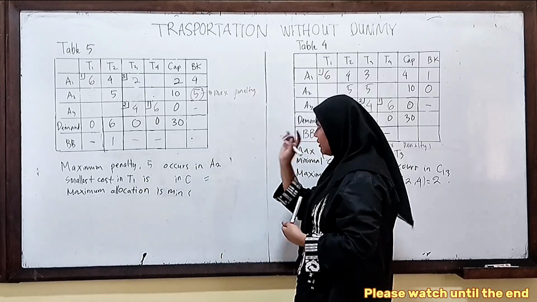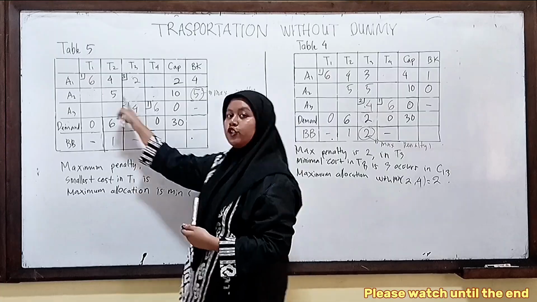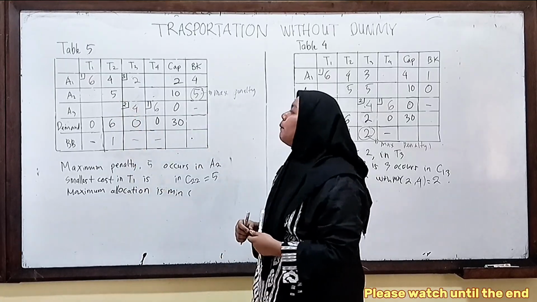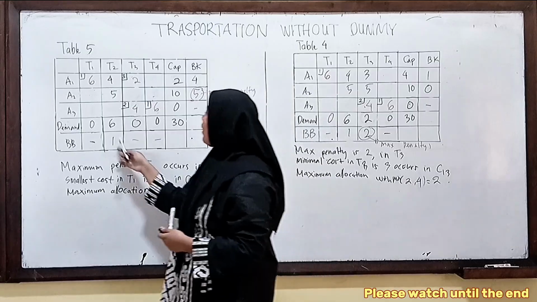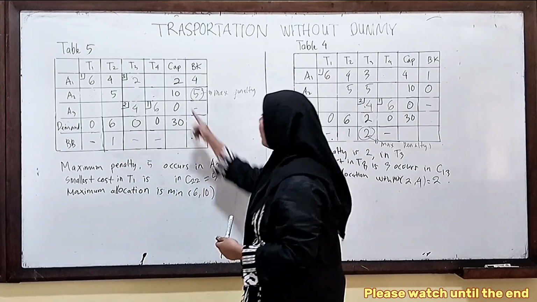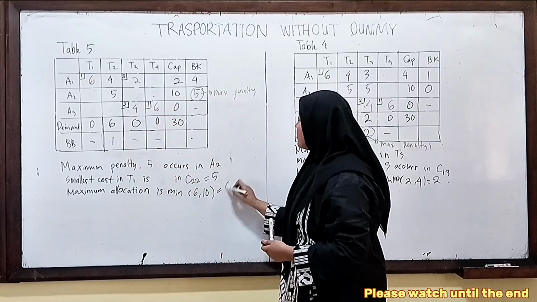Since there's only this cell, we must choose it, right? Here, we take the minimum between the demand and the capacity. The demand is 6 and the capacity is 10, and the minimum of the two is 6.